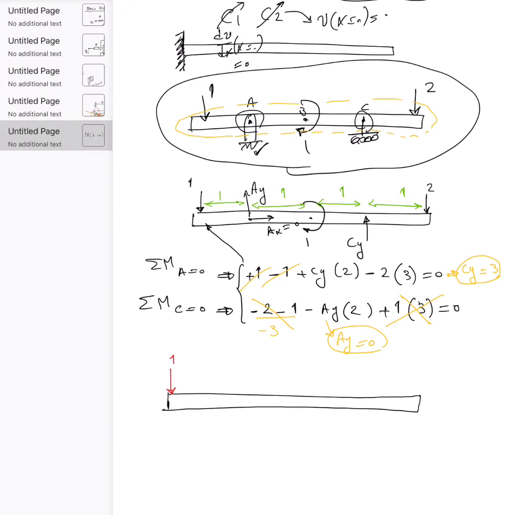At A I have nothing, so I don't put anything at A. Then at B I have 1 Newton meter. At C I have CY, which is upward and equal to 3, and then there is 2 at the other end. Interestingly, AY is 0.